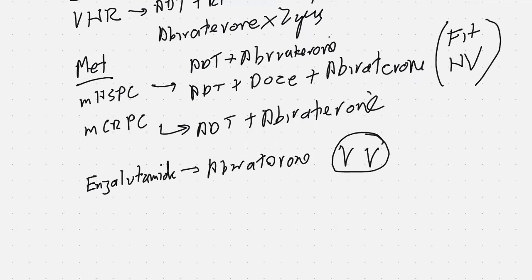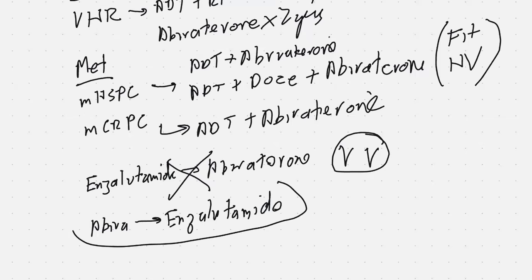But what should be the ideal sequence? If you're giving it, it should be abiraterone first, followed by enzalutamide always. The reason for this is a phase 3 trial which has shown that this sequencing of androgen receptor pathway inhibitor blockade has a longer survival outcome when compared to giving enzalutamide or apalutamide or darolutamide first, followed by abiraterone.